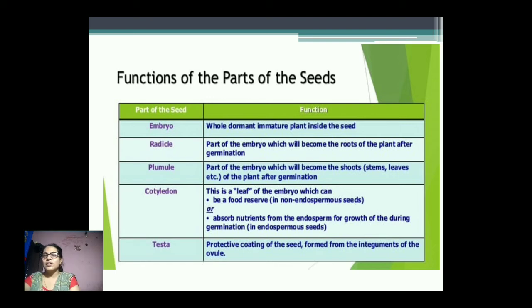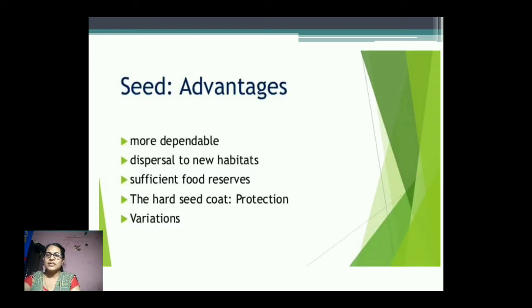Then cotyledon. This is a leaf of the embryo which can be a food reservoir, meaning the future plant's food reservoir is present inside the cotyledon. Then testa. The outer or protective covering of the seed, from the integument of the ovule, is known as testa.